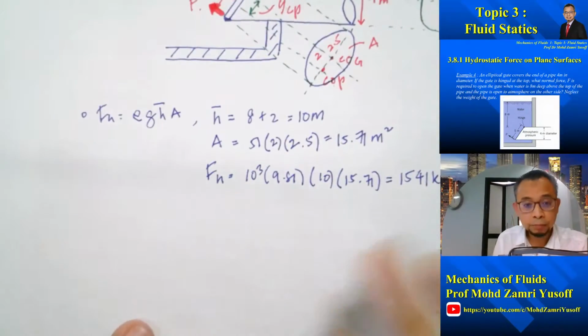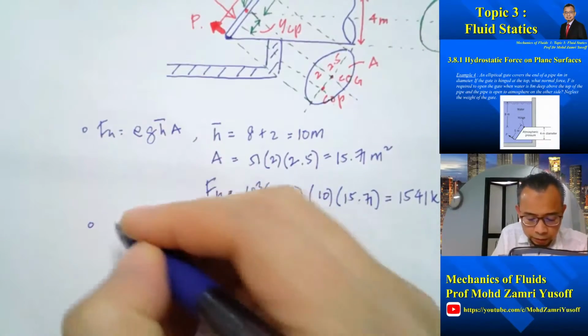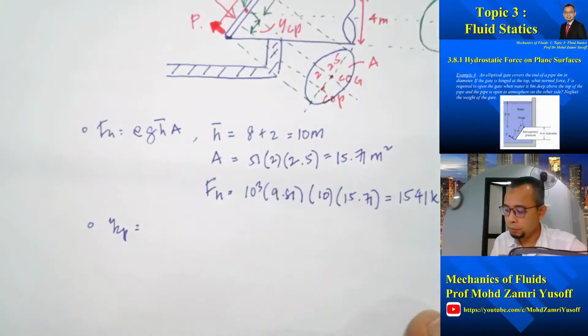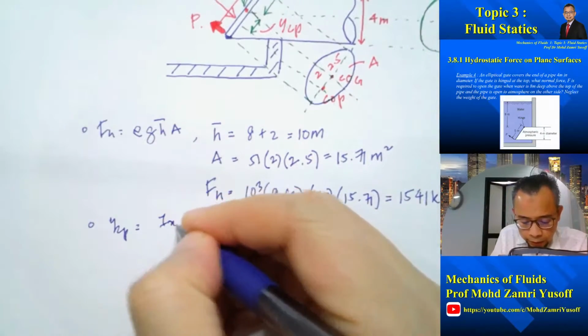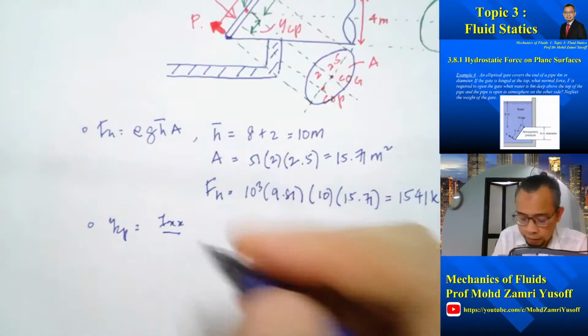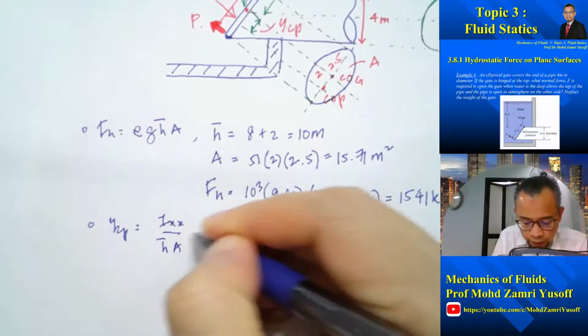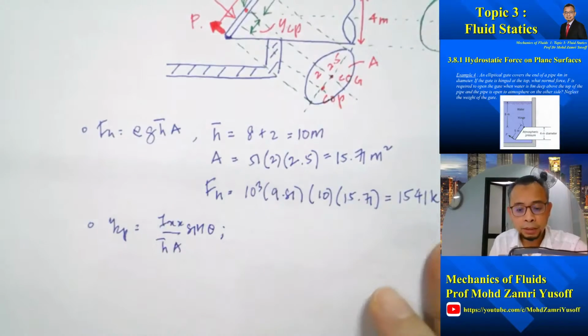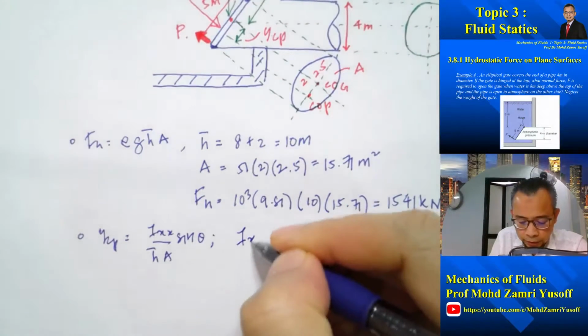So now let's calculate YCP. The formula for YCP is Ixx over H bar A sine theta. So what is Ixx for ellipse?